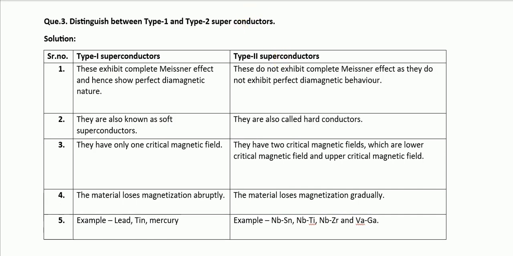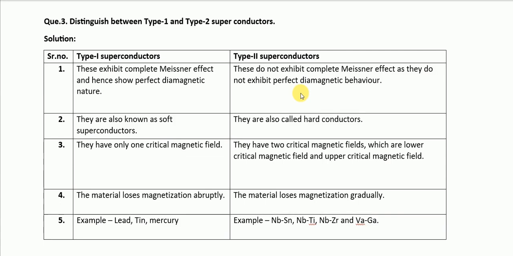Now, what about the type 2 superconductors? Well, the type 2 superconductors, however, are a bit different. They don't fully repel the magnetic field. Instead, they let some of it penetrate in small concentrated regions called vortices, and they are not perfectly diamagnetic for that reason.